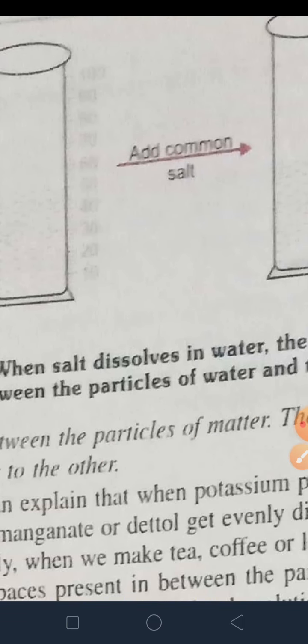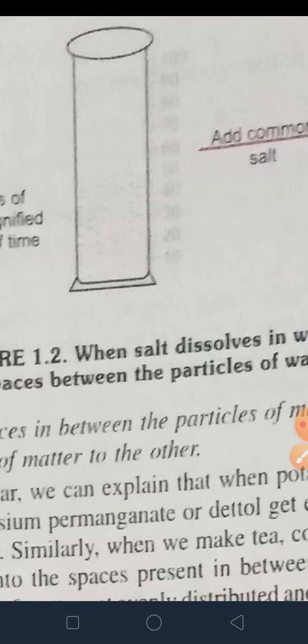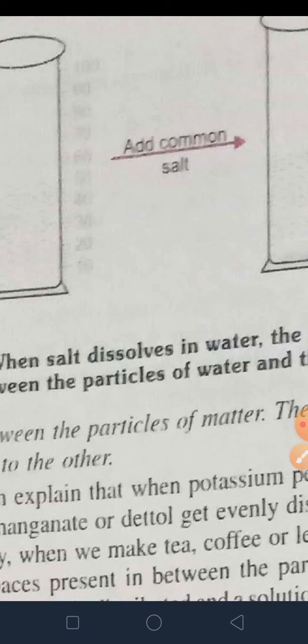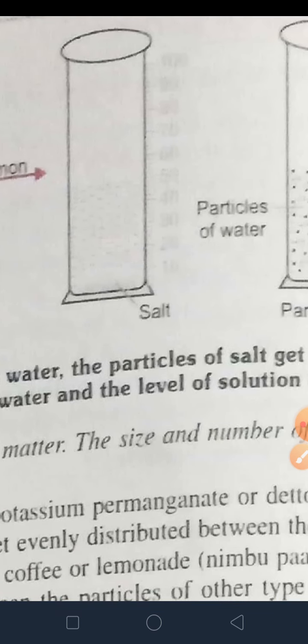If you take some salt, that's common salt, which is commonly available at our homes, and add some salt in the cylinder. First, you will see that the salt goes down and settles at the bottom of the cylinder.